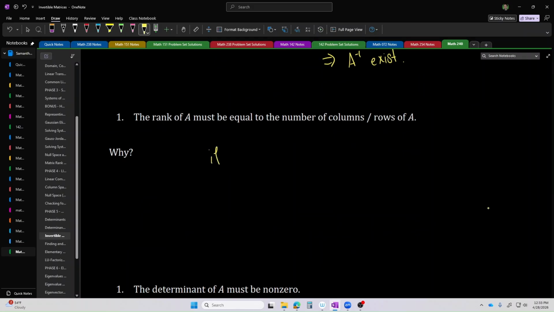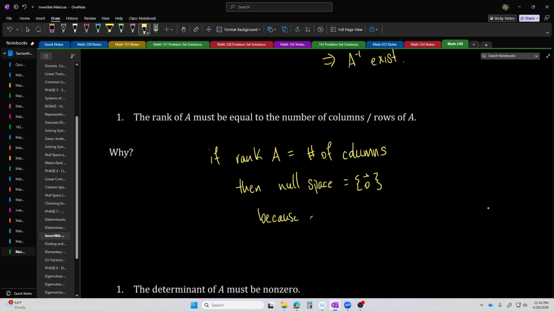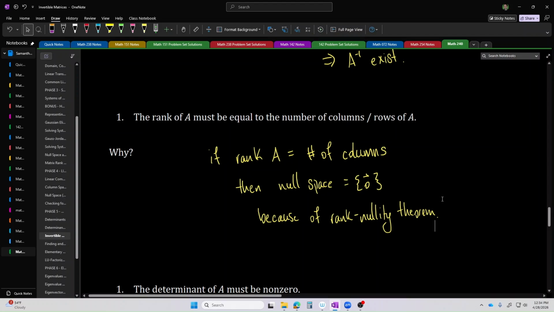If rank A is equal to the number of columns, then the null space has to be almost empty, and that's a result of the rank-nullity theorem. So that's another way to understand invertibility. If a matrix A is full rank, then it is invertible. If a matrix A is rank deficient, then it is singular, and no inverse exists.